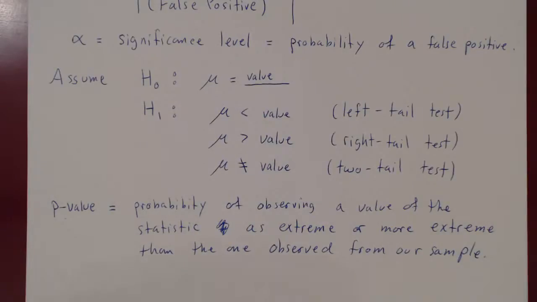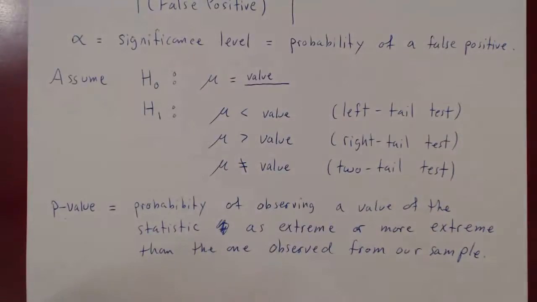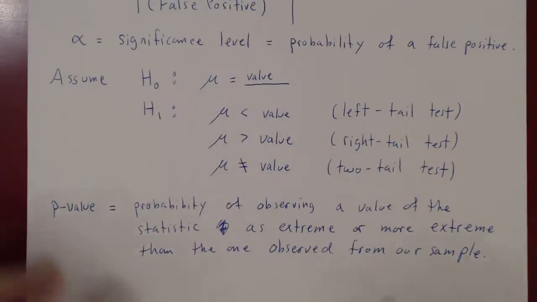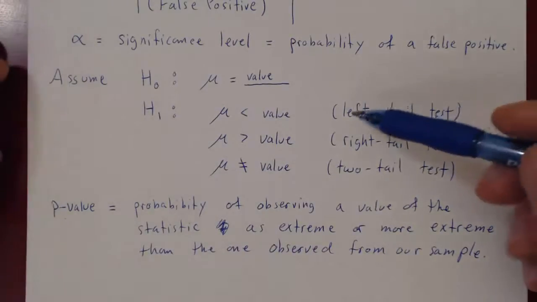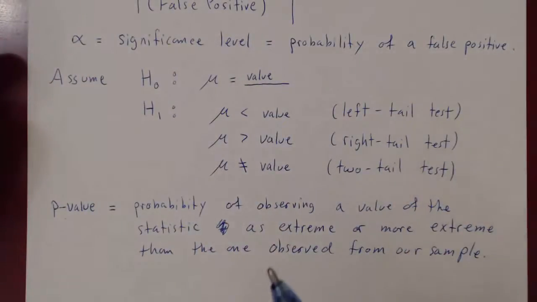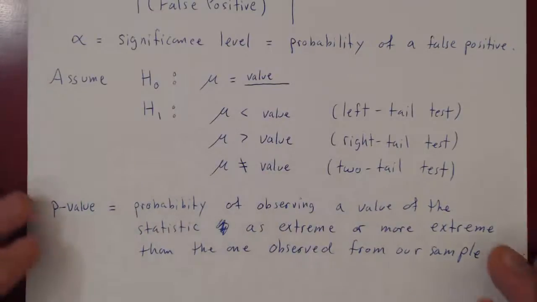And if this is really, really likely, well, that is evidence for H0. But if what we have observed is really unlikely, that is evidence against H0. Let's see now how this factors in with the significance level, our threshold, our type of test, and the p-value.